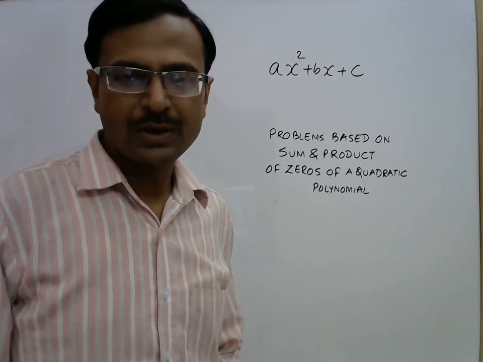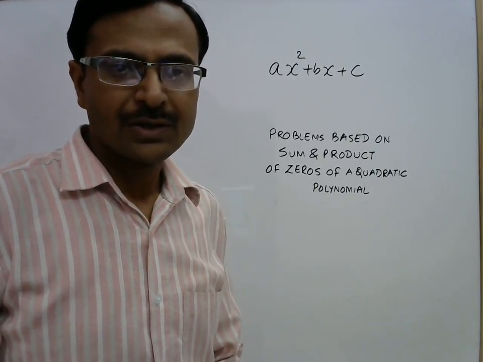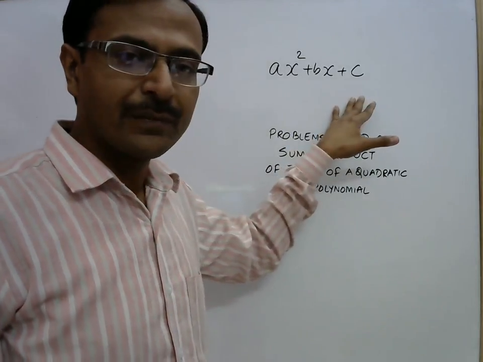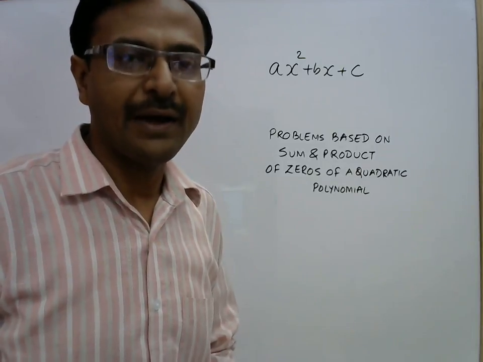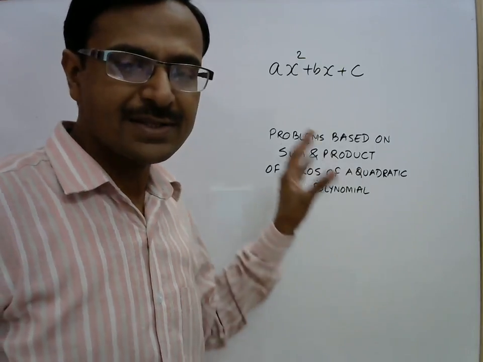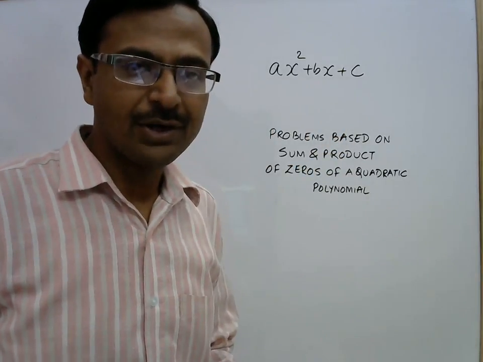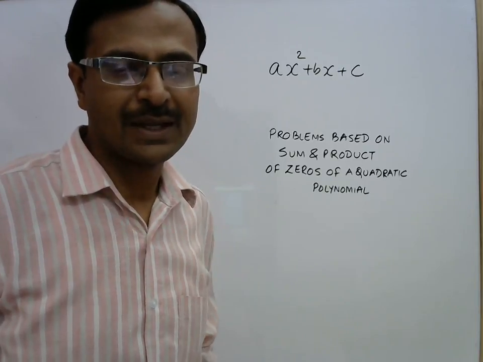In all polynomials, you can find the number of zeros just by looking at the polynomial. So just identify the highest power, that is the degree of the polynomial, and you will come to know how many zeros that polynomial has. Now in this case, the degree is 2. So we have 2 zeros of this polynomial.